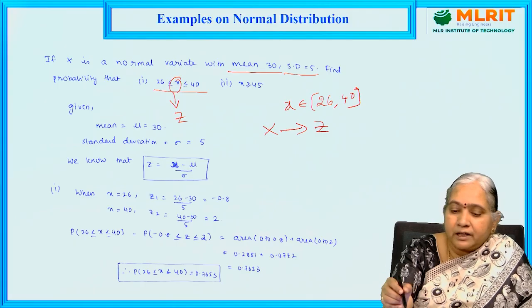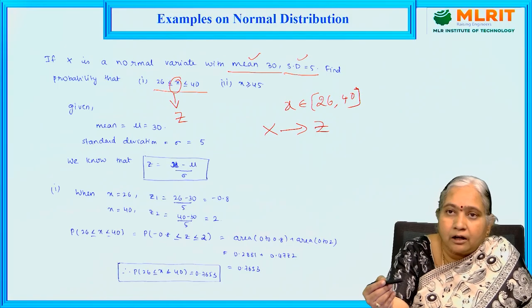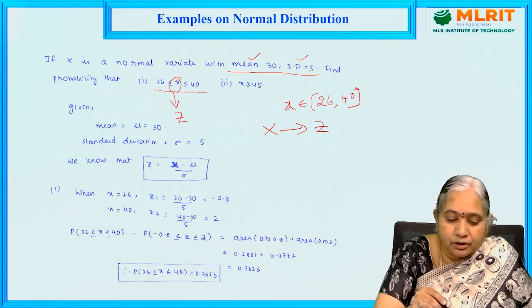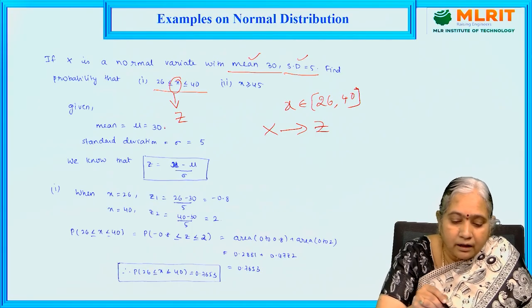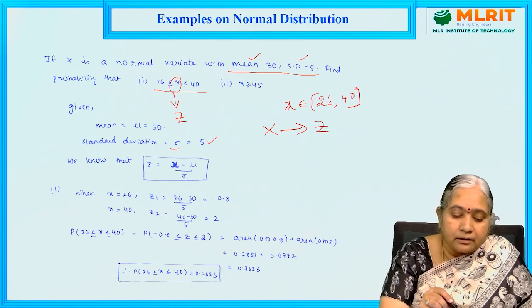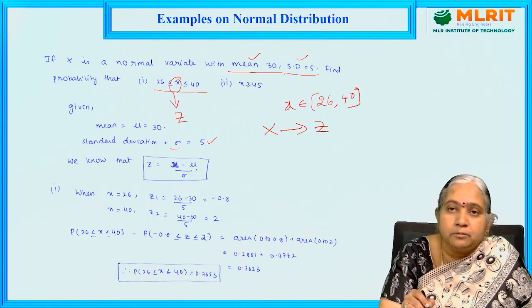So here, what is the data given? Mean and standard deviation are given. The mean is 30 and the standard deviation, denoted by sigma, is 5. The standard normal variable is Z equal to X minus mu by sigma.